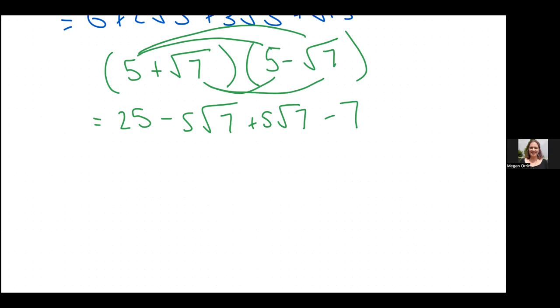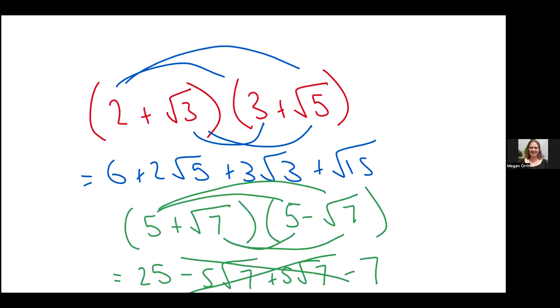Now, these cancel out, don't they? It's like negative 5 plus 5. So now I've got 25 minus 7, which means I have 18. So sometimes you will have a complete answer like this. Other times you'll have like the blue one up the top where we had all sorts of things going on. All right, I'm going to give you a couple of those to practice.